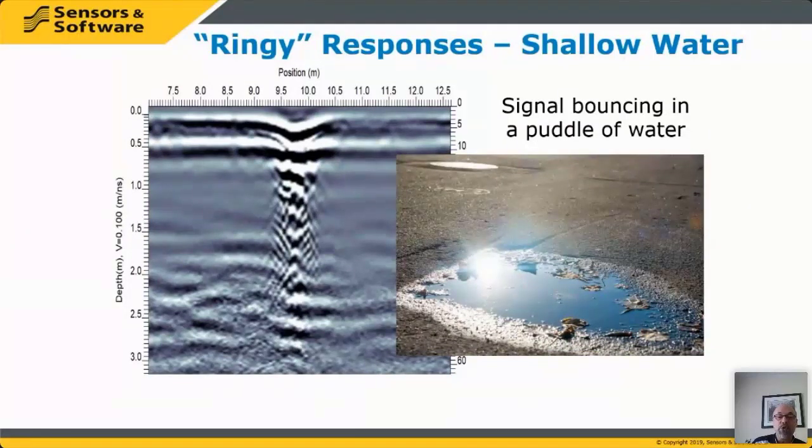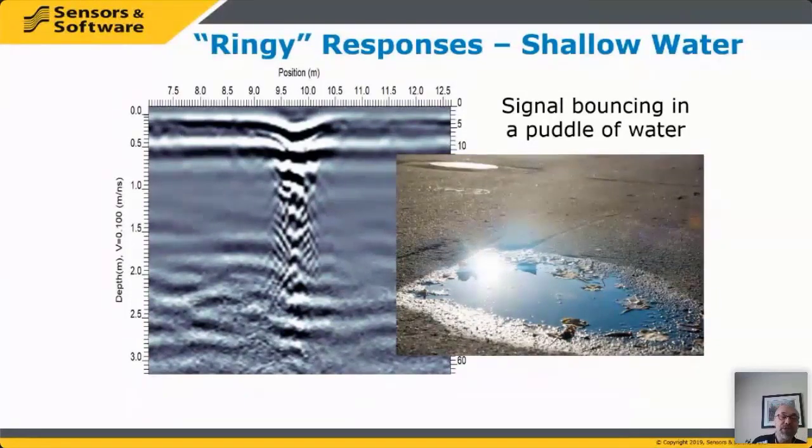If your GPR system goes into a puddle of water that's just deep enough to immerse the entire bottom of the GPR, and specifically both the antennas, in the water, basically if there's no air gap, if it just goes from GPR system to water to pavement underneath, energy can get trapped in that layer, and because it's a huge reflection coefficient from water to pavement, you can get the same sort of thing.